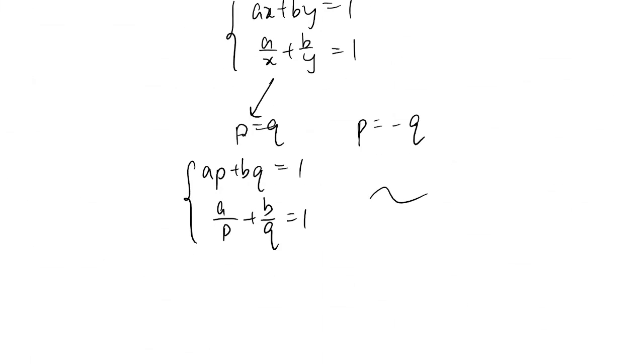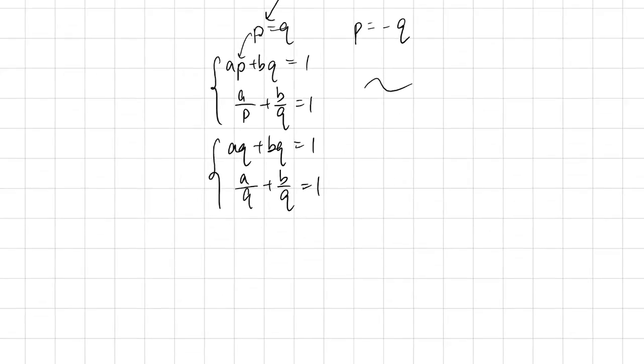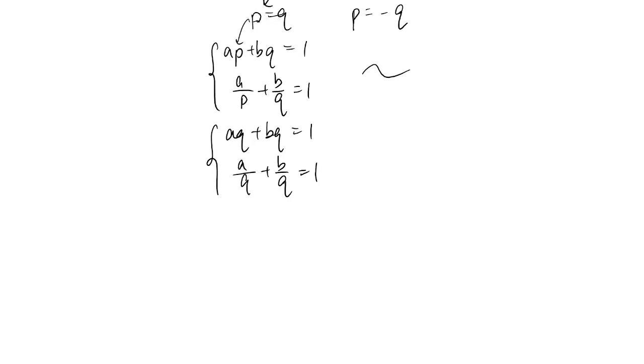So let's say p was equal to q. If I sub in p equals q, aq plus bq gives me 1, and a on q plus b on q equals 1. For the pair of equations, I could have (a plus b) equals q squared.